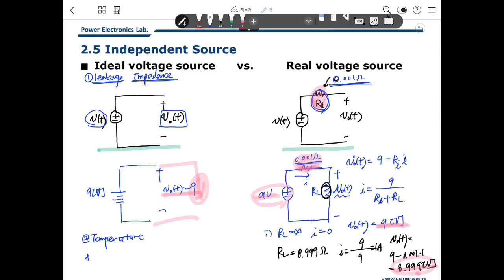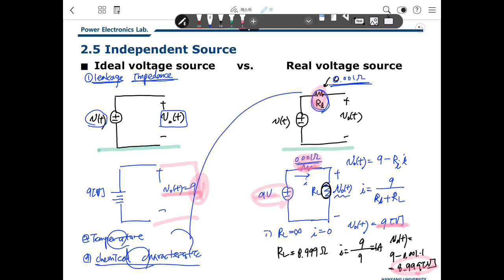The third thing is chemical characteristics. Anyway, the important thing is that the effect of temperature or chemical characteristics can be modeled through the leakage impedance. This is very important. If we use a good battery, that value is very small. If we use a bad battery, the leakage value is higher.